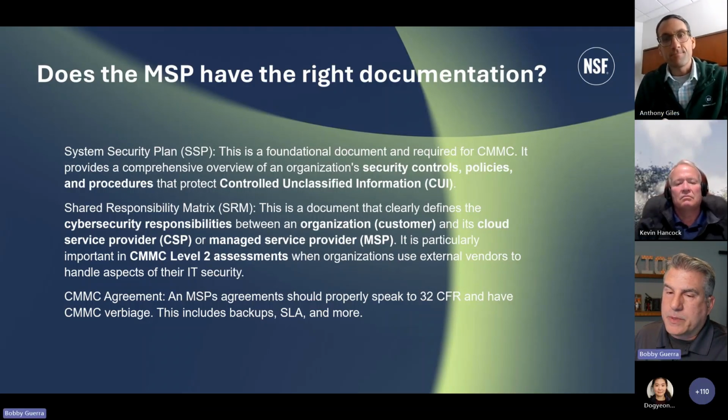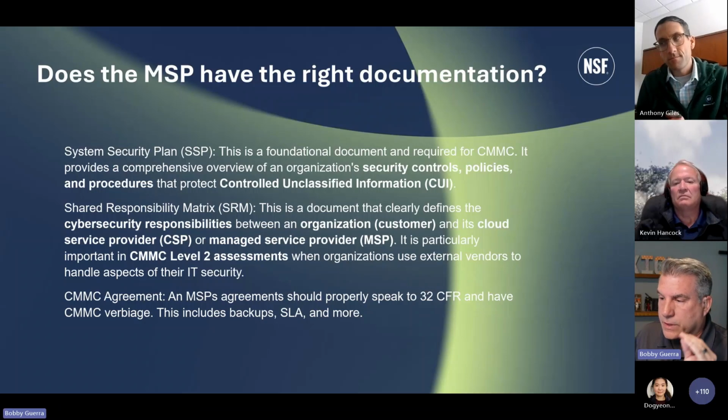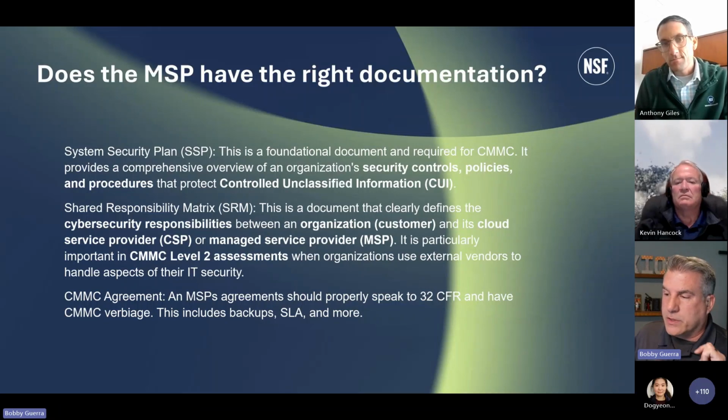And in that SSP and the agreement, the way that we look at it is that the agreement needs to provide the teeth that's required for the Department of Defense to feel like they put it on the line in order for these controls to be met correctly. And if they aren't, and the DOJ gets involved, the MSP is going to be on the hook legally to make sure it's done.